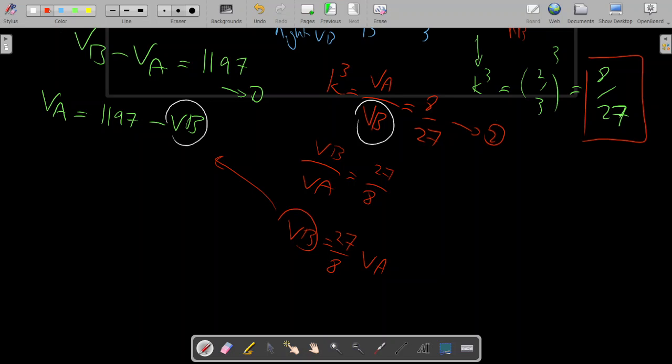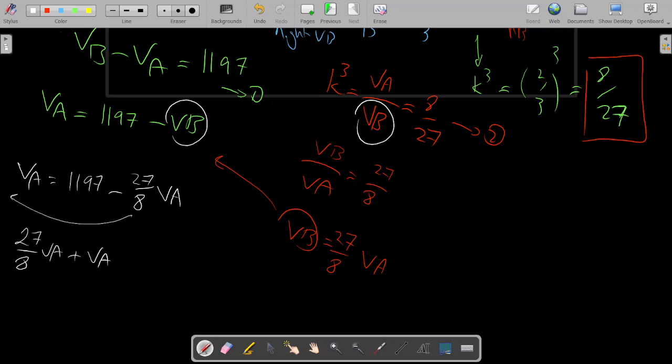Now I'm going to use this and build my relation with this one. So VA is going to be equal to 1197 minus 27 over 8 multiplied by VA. Now I need to get this to this side. So it's going to be 27 over 8 VA plus VA equal to 1197.